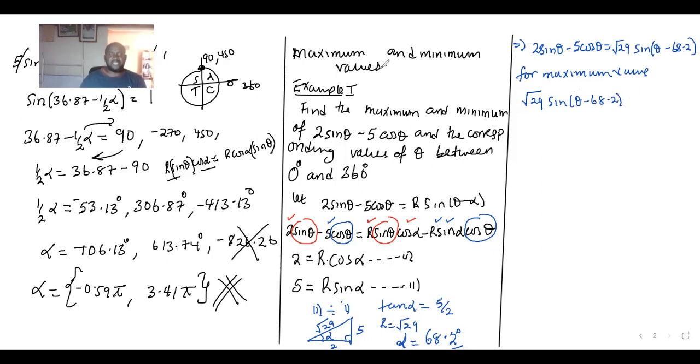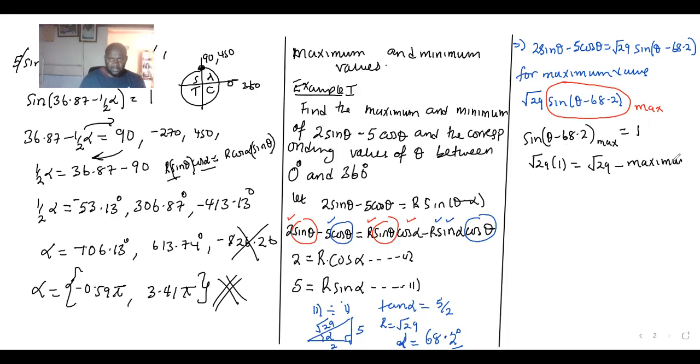But what varies is the sine ratio, so look for the maximum of this one. The maximum value of sine can only reach 1. So sine of theta minus 68.2 degrees is maximum when it is equal to 1. Therefore, root of 29 times 1 is equal to root of 29, the maximum value of the expression.